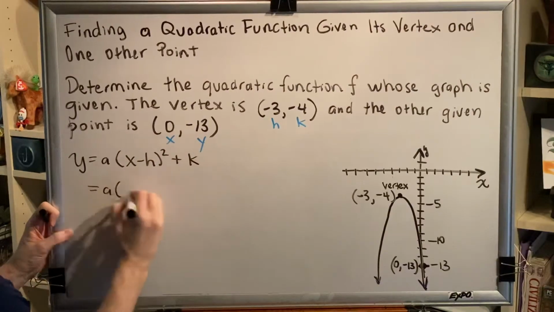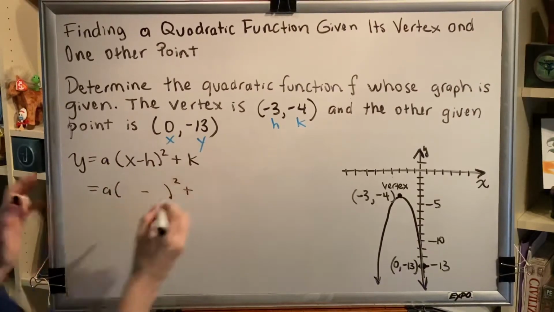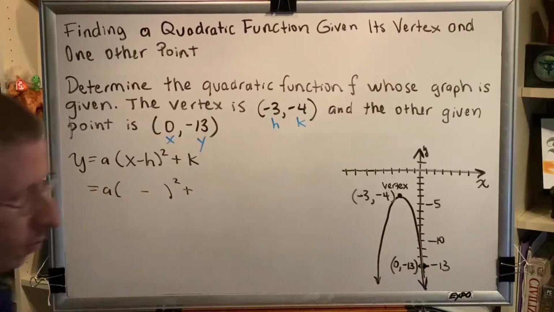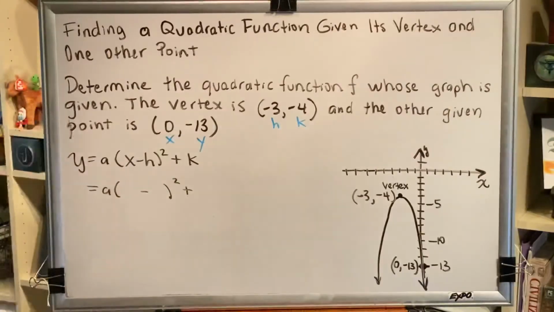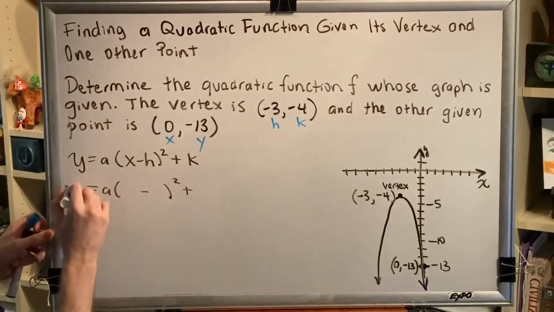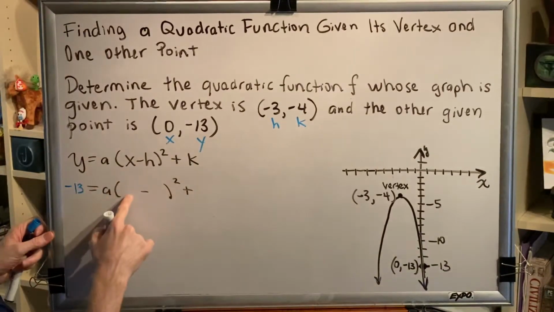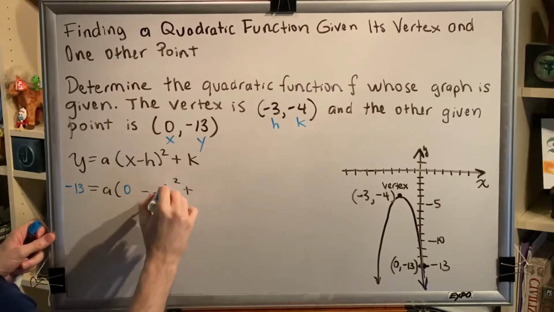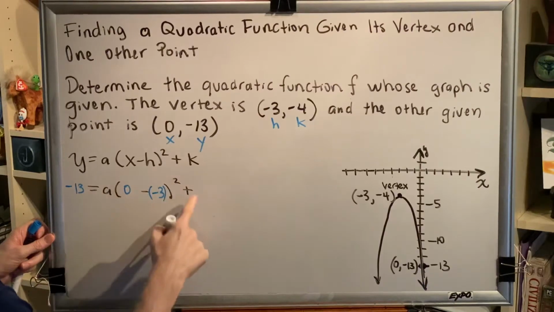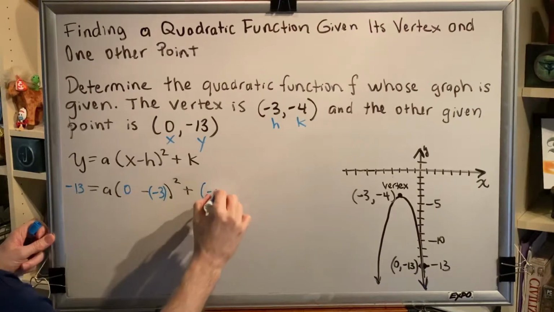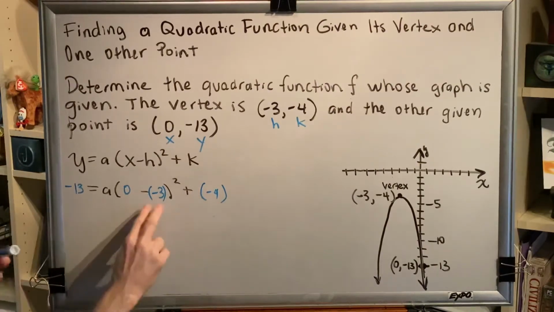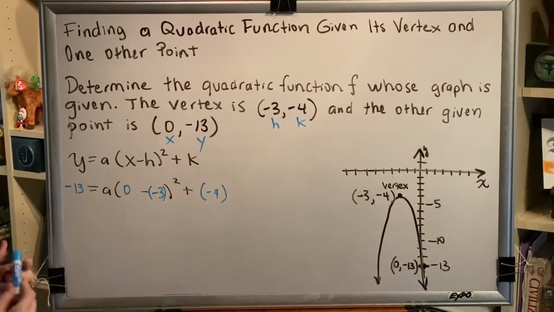So I'm going to rewrite this, where I'm going to remove the x, the y, the h, and the k so that we can plug in the numbers at those locations. y is -13, x is 0, h is -3, k is -4. Notice the parentheses here and here so that we don't have two symbols side by side.